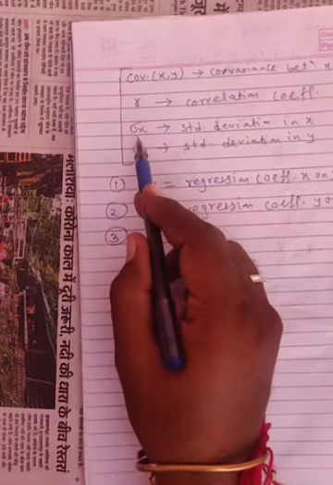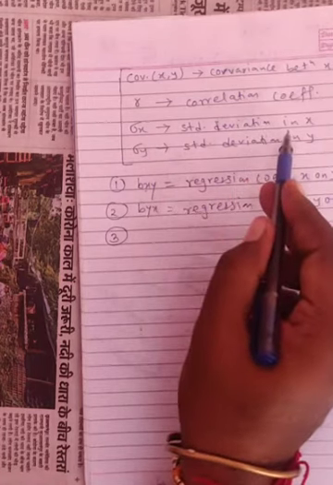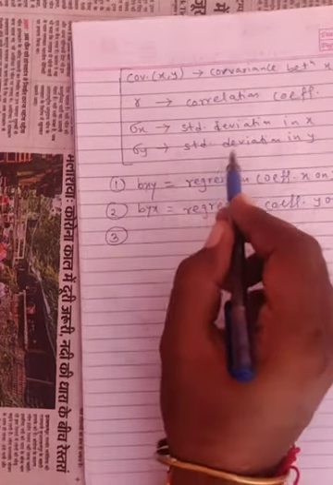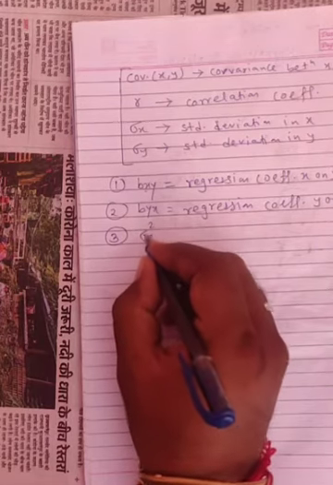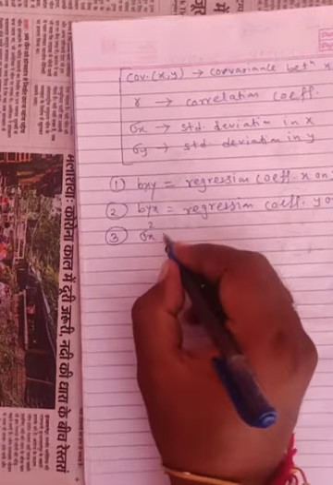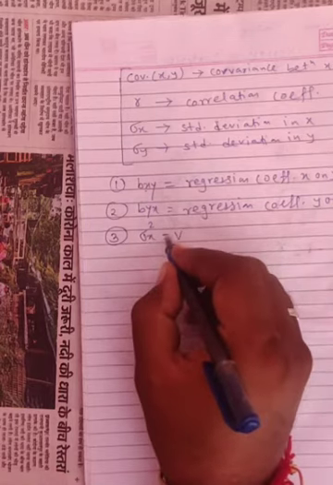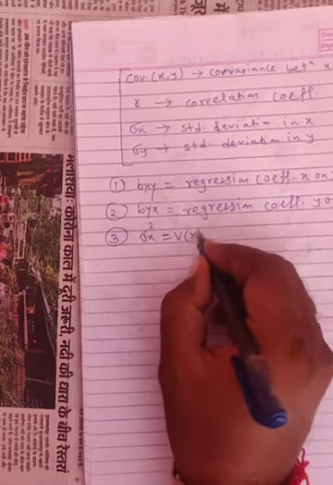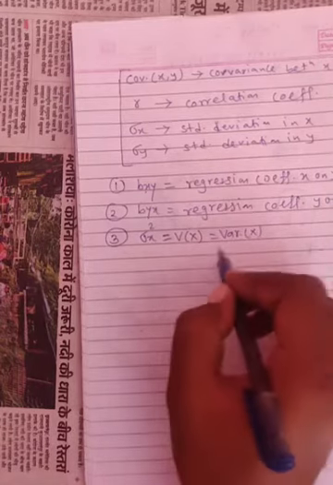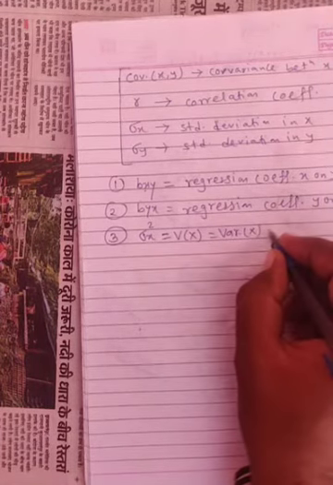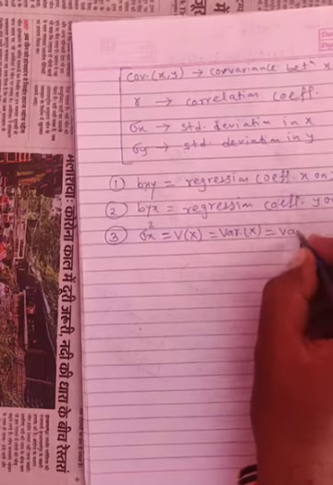As you know, sigma x is the standard deviation in x, and sigma y denotes the standard deviation in y. Sigma square x is also denoted as Vx or VARX. All three symbols are equivalent, and the meaning is variance of x.